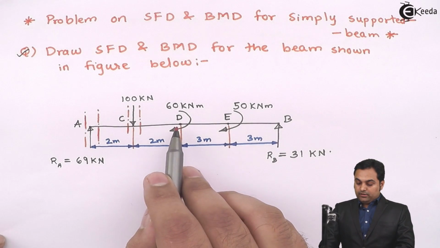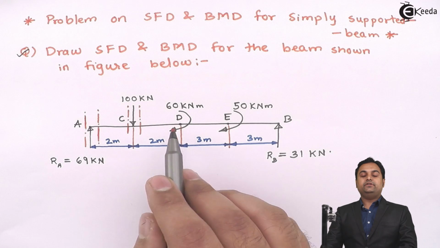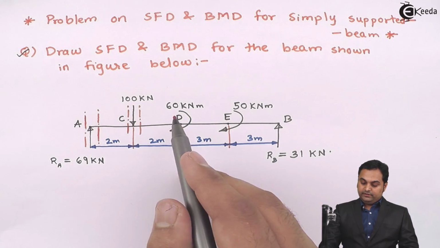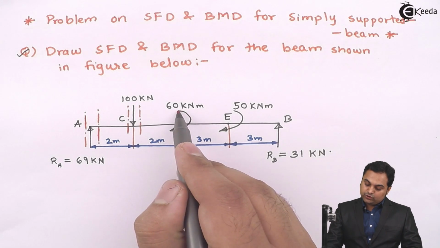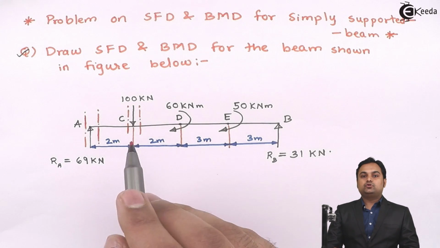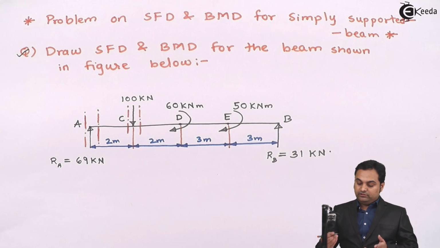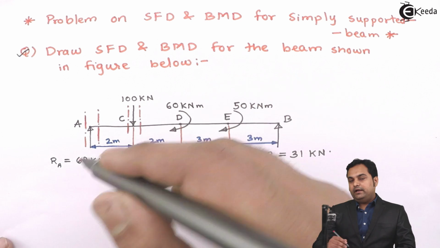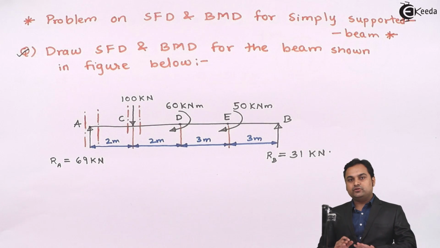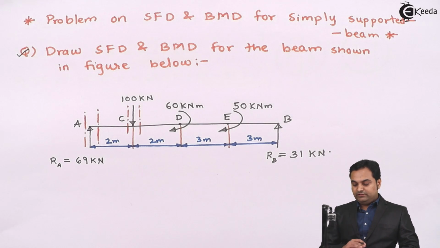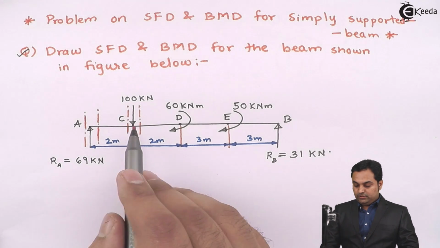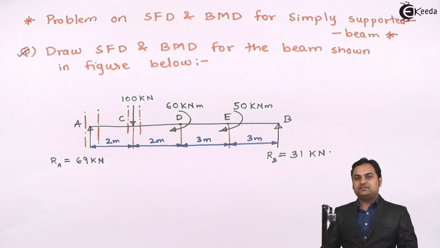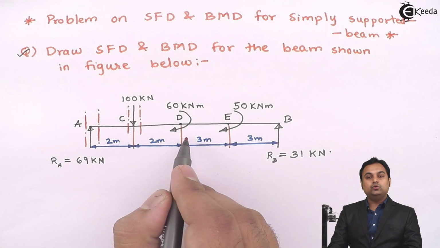Now, if we see at point D, there is no load at point D. We must be very careful here that at point D, there is only a moment acting. So if there would have been another point load at D, at that time we would have got a shear force value at point D which would have been different. Now, here the value of shear force at C and shear force at D will remain the same, because between C to D there is no load.